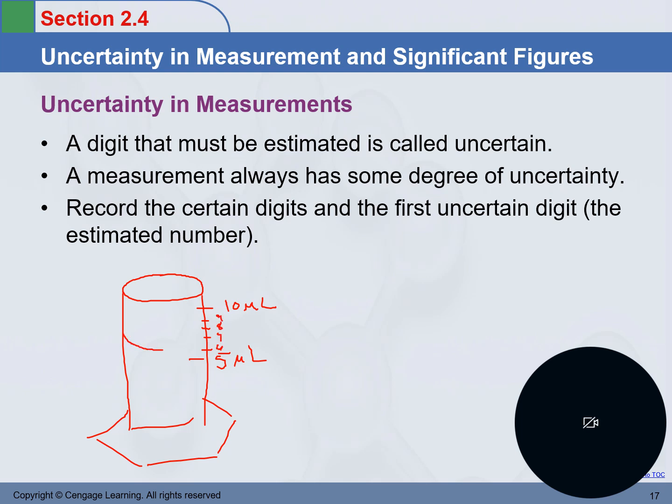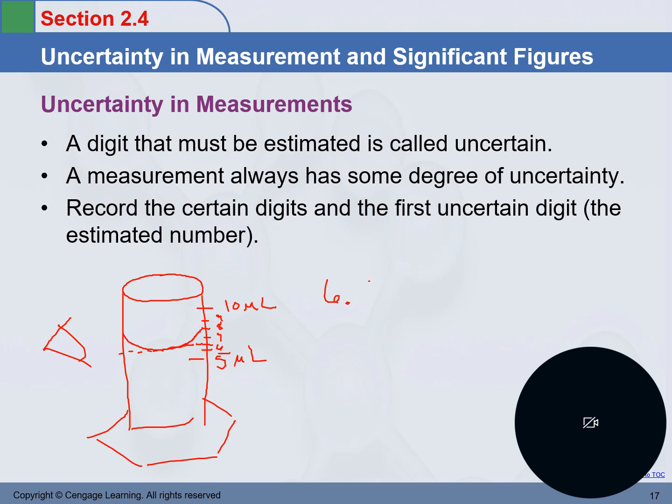And we were to fill our graduated cylinder with water. First thing we would want to do is set it level on a surface, get down eye level with it, and read the bottom of the curve. So we know that it's at least 6 milliliters. We want to estimate 1 digit beyond the numbers that we're certain of.